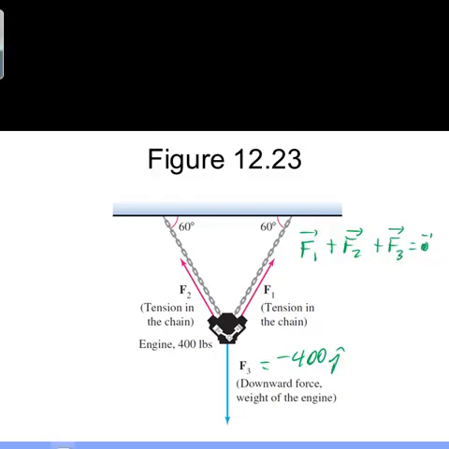But this is not moving, so the sum of the three forces is equal to 0. Now we know what F sub 3 is, but we have to find F sub 1 and F sub 2. Because those angles are the same, 60 and 60, F1 and F2 are really going to turn out to be the same.